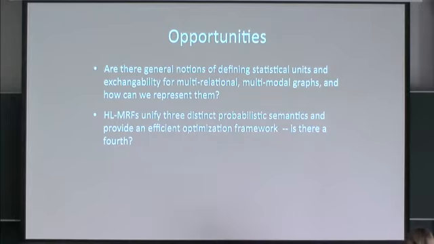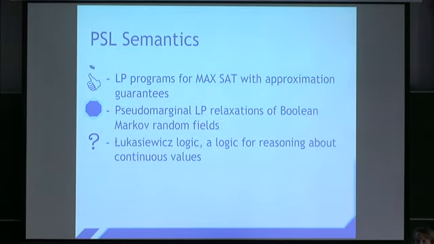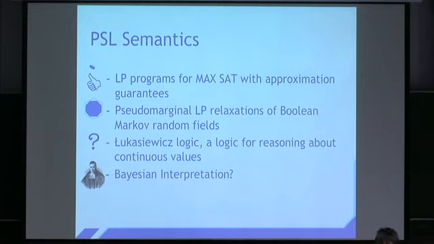The other piece is, I said that we had these different semantics. What I would really like to do is come up with a Bayesian interpretation for it. I have an intuition, but unfortunately it is only an intuition, that there's something about the fact that I am able to represent these things as degree of truth, and then something about the fact that I can represent things in a statistical way in terms of these rounding probabilities.